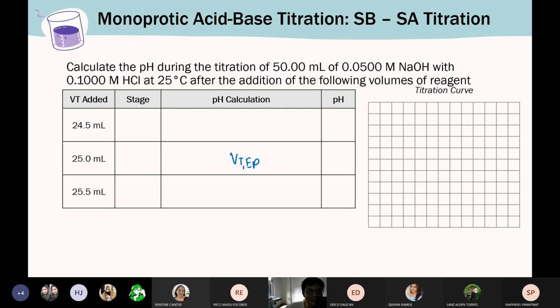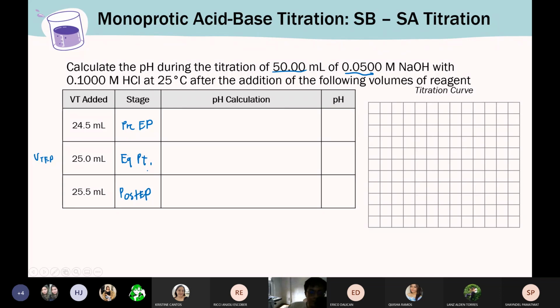So that's VTEP na. Okay, so this is the VTEP. I will no longer show the calculation, pero it's just MAVA over MT na. Okay. So, yan yung ating equivalence point. Meaning ito ay pre-equivalence point, and this one would be post-equivalence point.